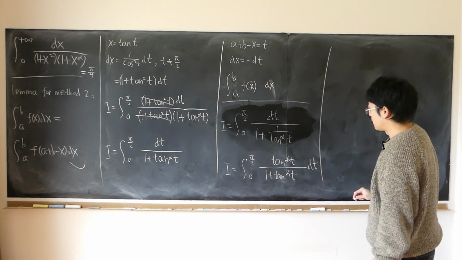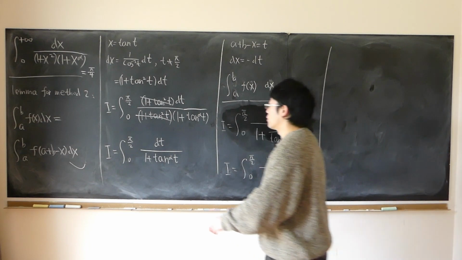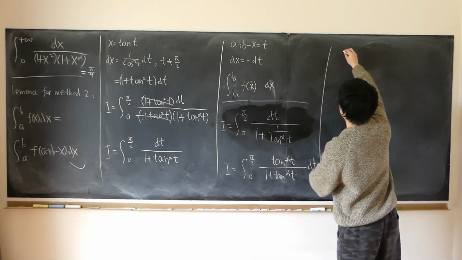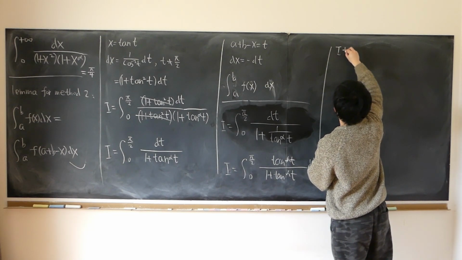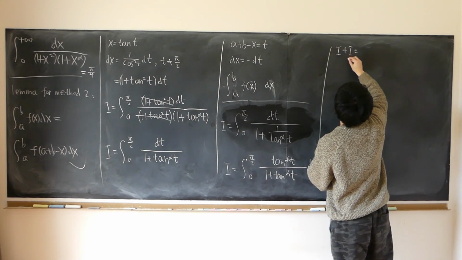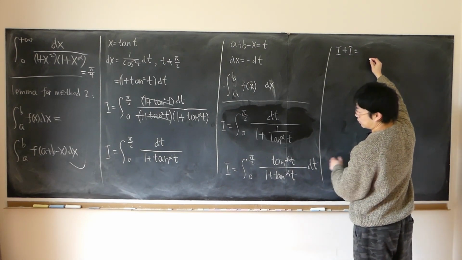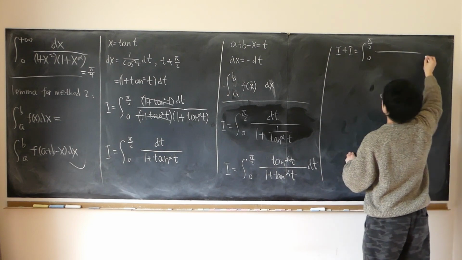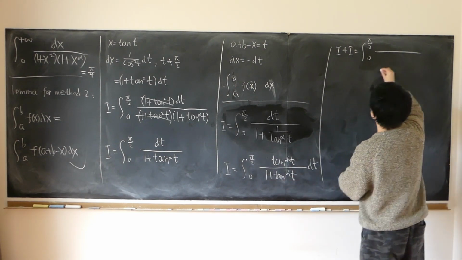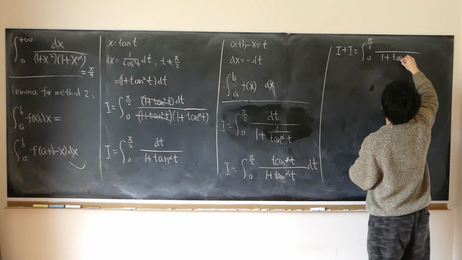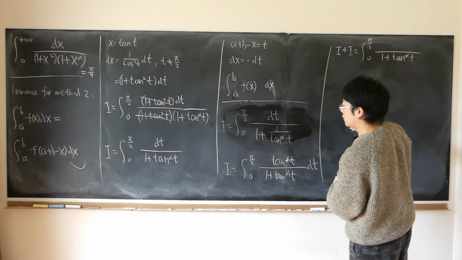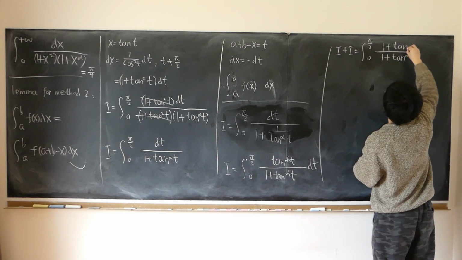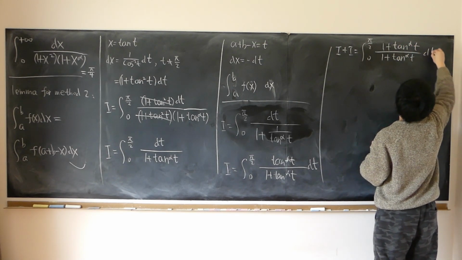So the original I is this one, and is also equal to that one. So I plus I, that's 2I, is equal to, with the same boundaries and a common denominator, 1 plus tangent alpha t over 1 plus tangent to the alpha t, dt.